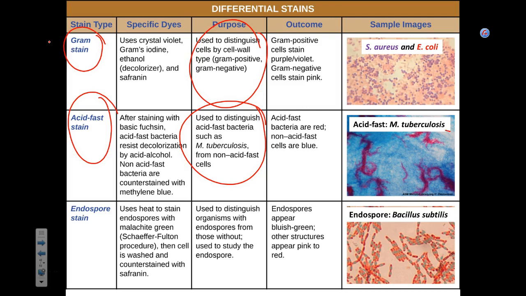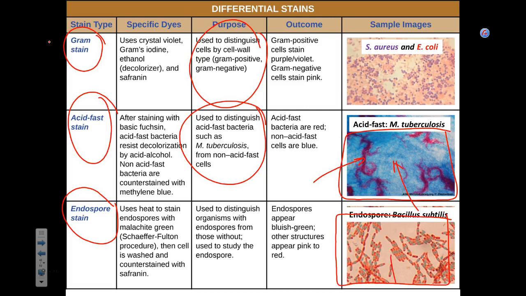In this image, you can see clumps of red acid-fast Mycobacteria compared to non-acid-fast blue cells. Does that make sense? So this would be used to stain mainly for the causative agent of tuberculosis. It can be used if somebody is suspected to have leprosy, because Mycobacterium leprae is also acid-fast.